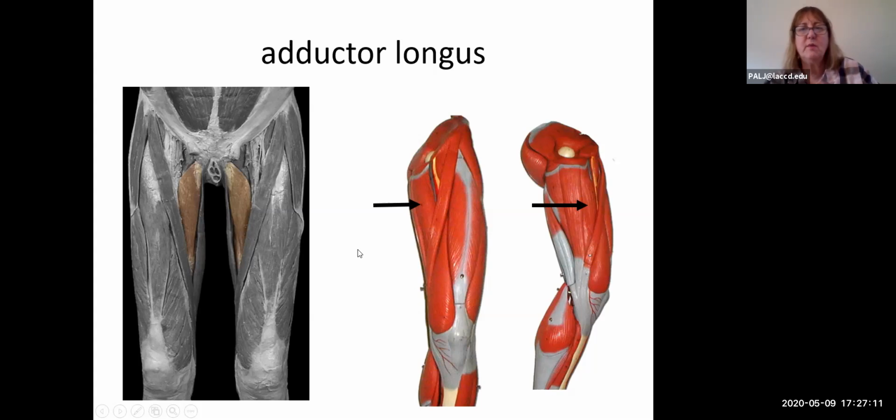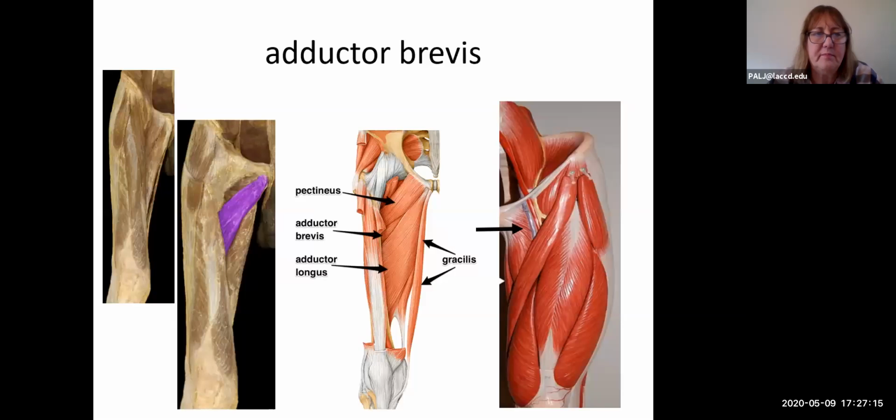Okay, so we're going to put 2 more muscles in this triangle up high. So here is a close-up of a different model where you can see it better. This is the sartorius. And with the white arrowhead, that is the gracilis. So we just did the long adductor longus. The very next muscle is a tiny little adductor muscle. So it's called the adductor brevis.